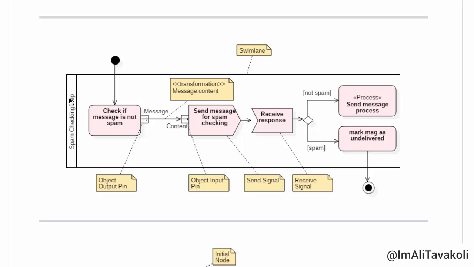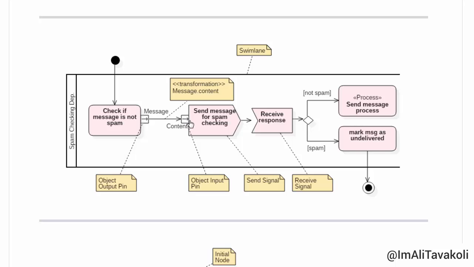So in our spam checking department swim lane, we will have these actions. Check if the message is not a spam, and by an object output pin, we are demonstrating that such data, the message, is included in our activity flow.